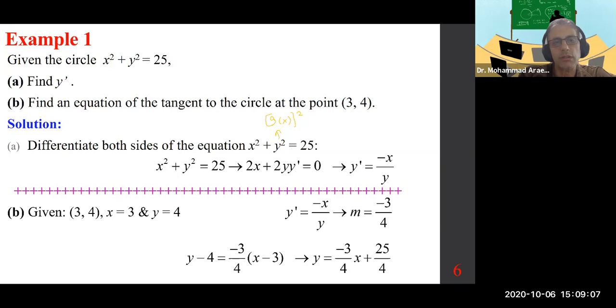Let's just write it here. Y minus 4 is negative 3/4 times x, and then times negative 3 gives us plus 9/4.